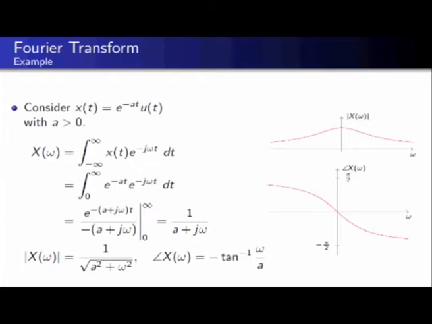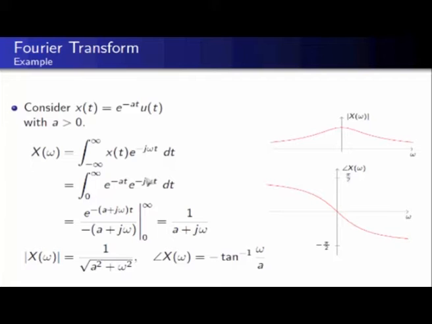So what I have here is a proof, or how you apply Fourier transform to solve problems. If e raised to minus at u(t) is a signal, then under certain conditions this integral is defined.